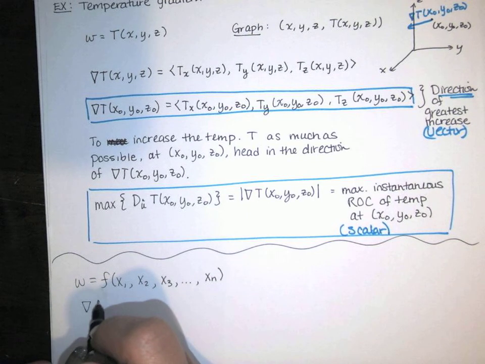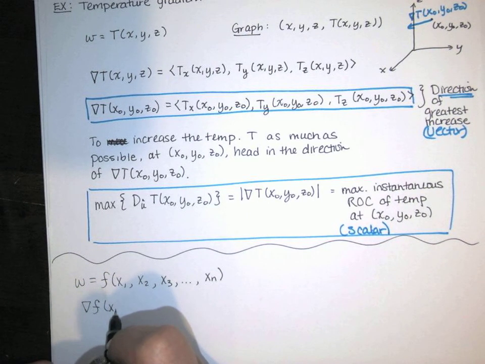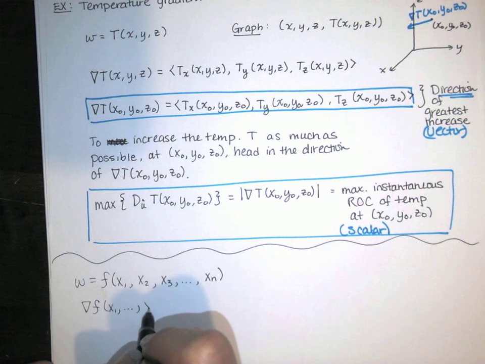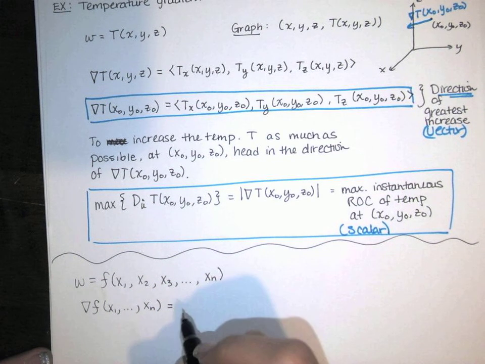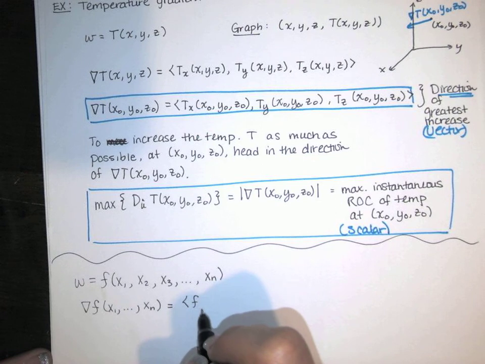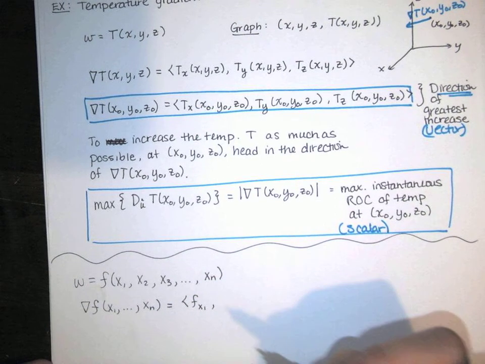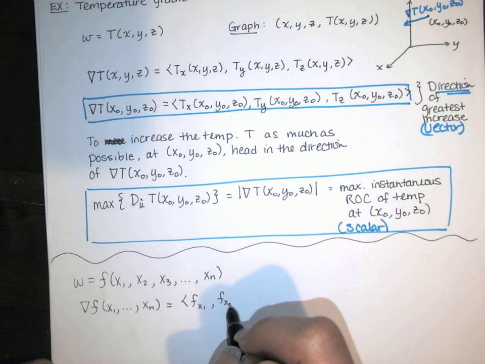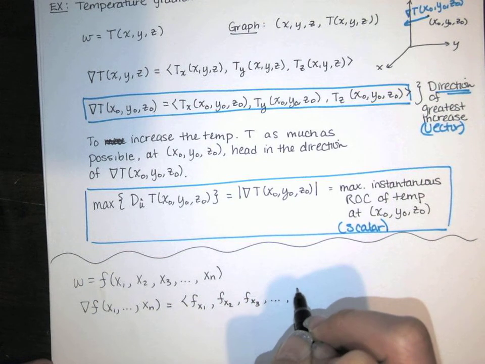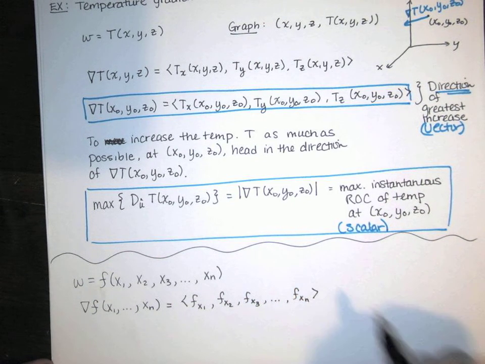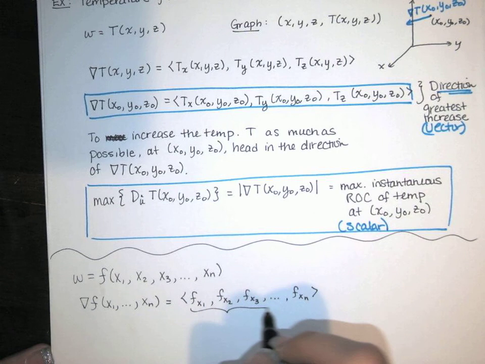The gradient of f, if it has n variables, that gradient has n components. It's the partial of f with respect to x1, plus the partial of f with respect to x2, and the partial of f with respect to x sub 3, and so on, partial of f with respect to x sub n. So we've got n components here.